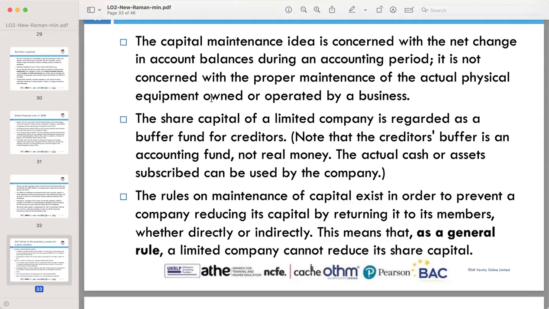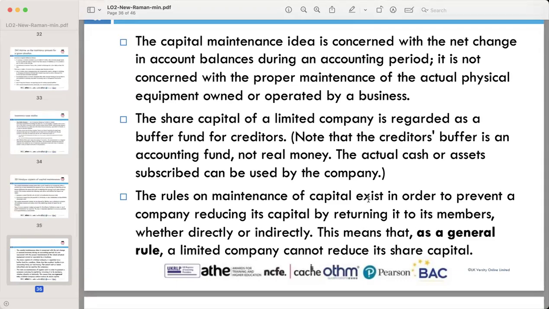The rules on capital maintenance are in place to prevent a company from reducing its capital by returning it to its members either directly or indirectly. Generally, a limited company is not allowed to reduce its share capital.